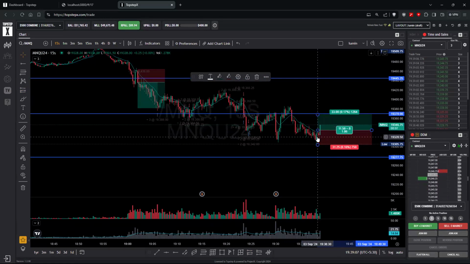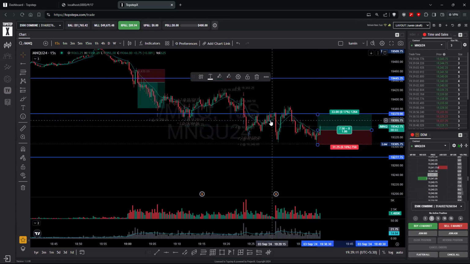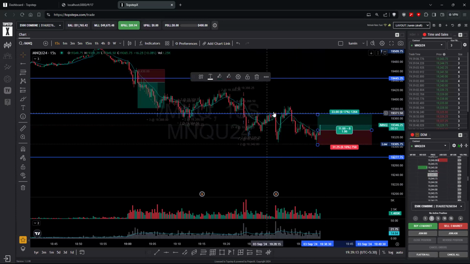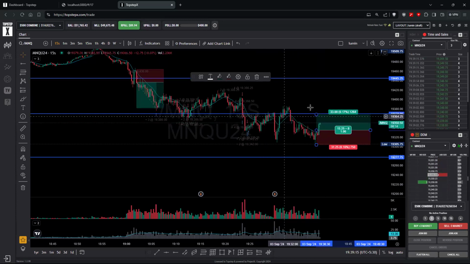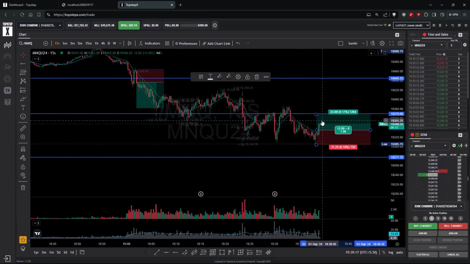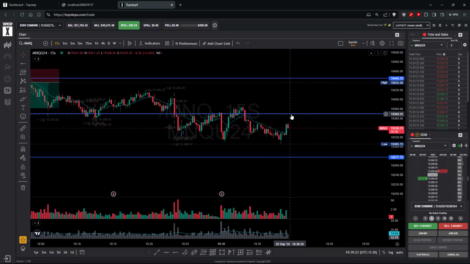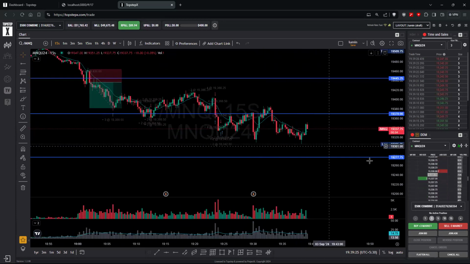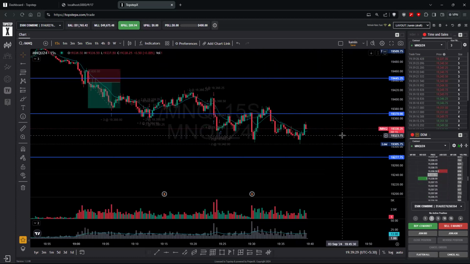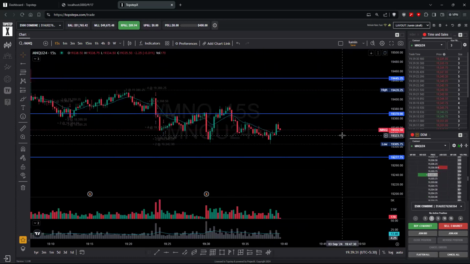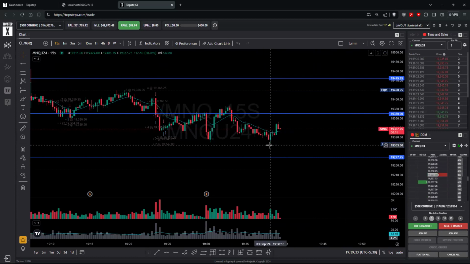But now I cannot because there's a pretty good chance that it's going to reverse again from this zone. So I will consider taking a shot if it rejects from here again. So let's wait.